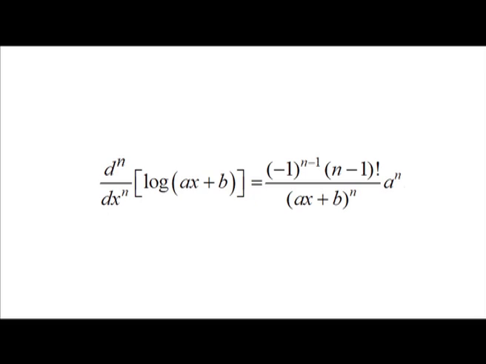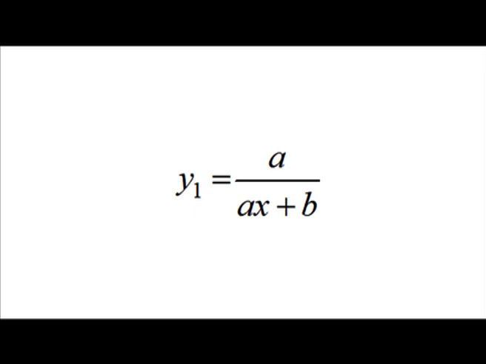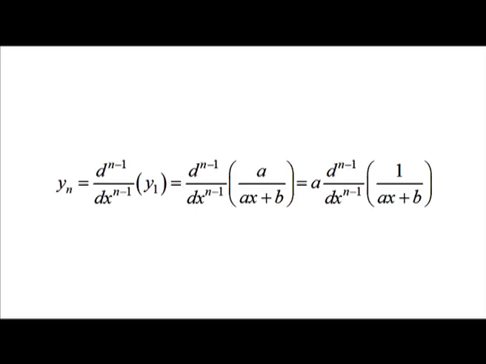Then, differentiating with respect to x, we obtain y1 is equal to a by (ax plus b). Hence, yn is equal to the (n minus 1)th derivative of y1, equal to the (n minus 1)th derivative of a by (ax plus b), equal to a into the (n minus 1)th derivative of 1 divided by (ax plus b).